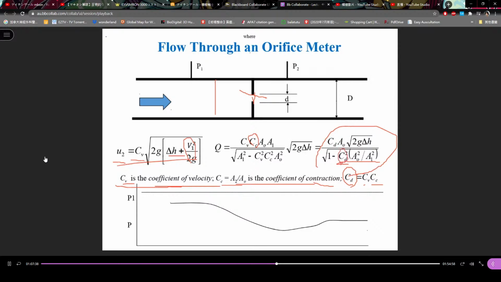Only difference, because it's very close to 1, so not much influence. But here is different. CD, so we need to consider CD here. So that is flow through an orifice meter, similar. You can neglect this, but you still use this CD.